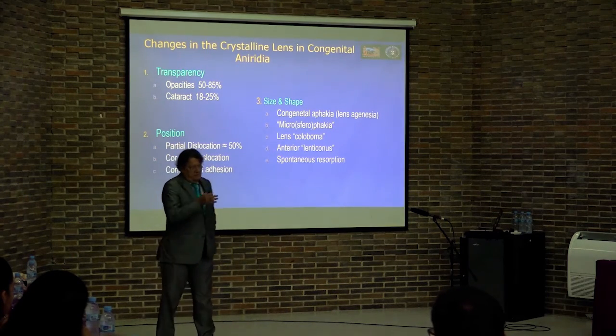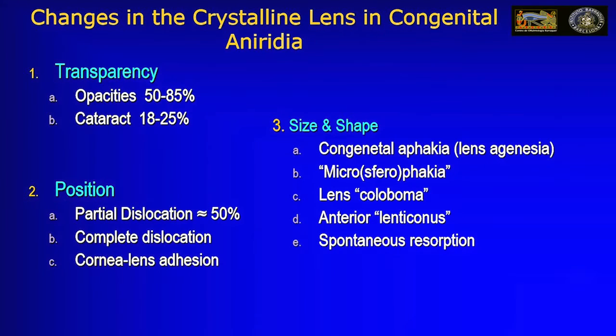So we try to be didactic and summarize in very simple concepts the possible changes in the lens in aniridia. We have changes in transparency, position, or size and shape. It's very frequent to have at least some opacities, almost up to 85%.